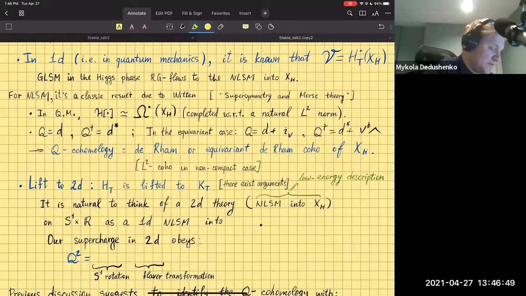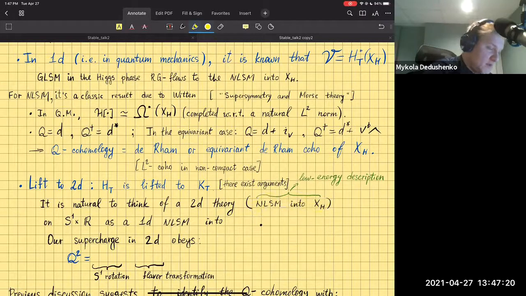But now once you lift to 2 dimensions, the cohomology should be lifted to the equivariant K theory. And there are some independent arguments, but from this point of view, one can think also of the 2D theory. So we have a 2D theory on the cylinder instead as a 1D theory. So we consider this NLSM into the Higgs branch.